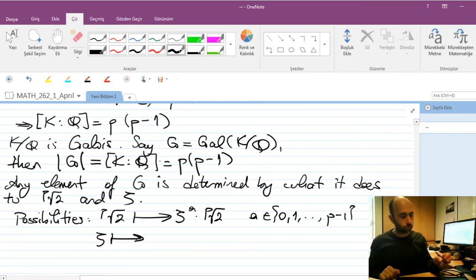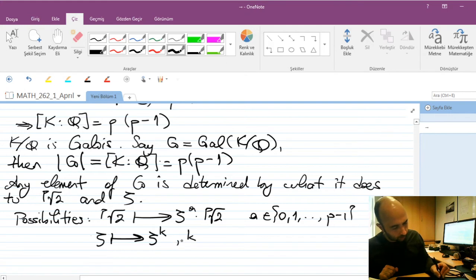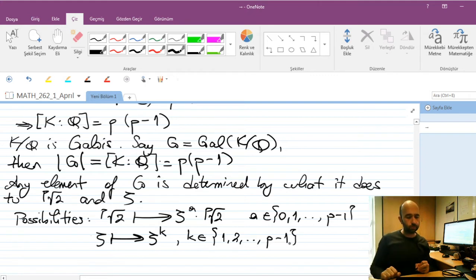And zeta should go to one of the conjugates. But what are the conjugates? It's zeta to the k. Now, k here must be relatively prime to p, but p is prime, and that has a special role. So k should be in the set {1, ..., p minus 1}.